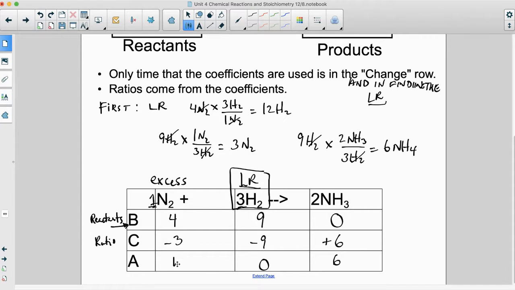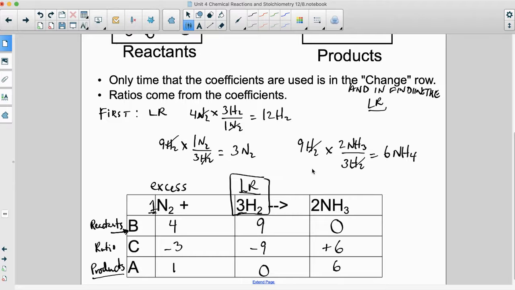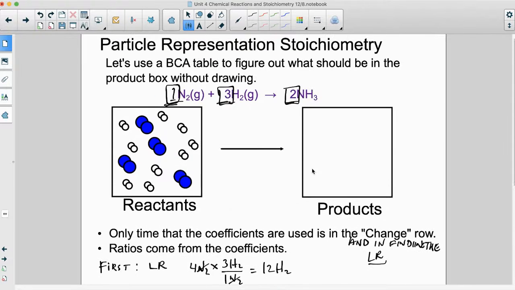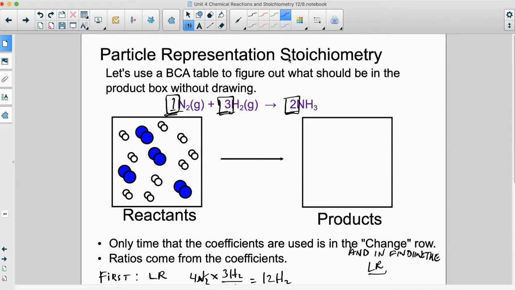And so in our products, this after line represents the products. Okay, we can draw in 1 N2 and 6 NH3s. So here's my 1 N2, and I'll have 6 NH3 molecules.